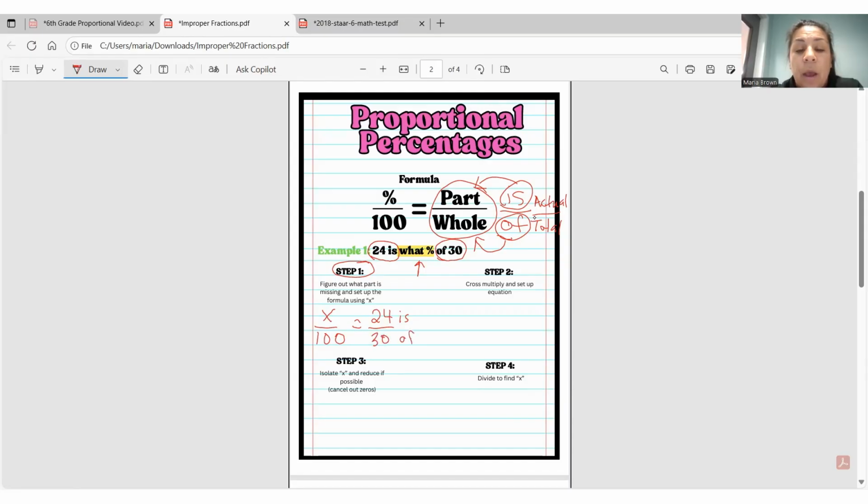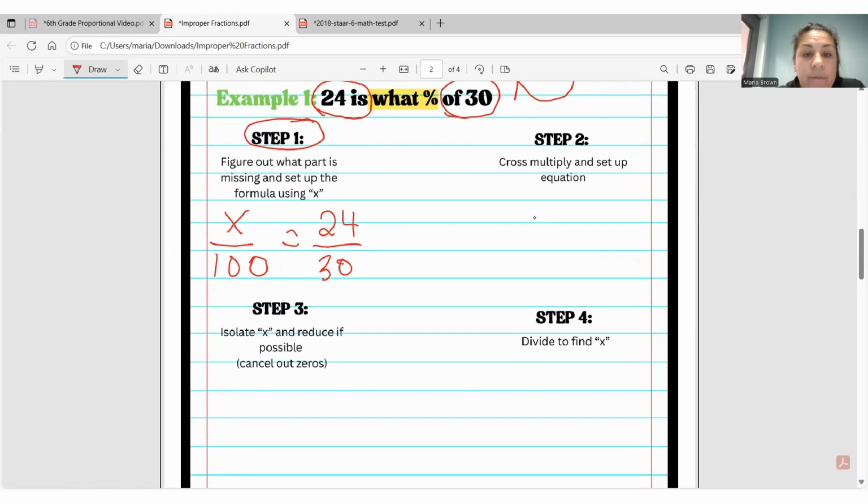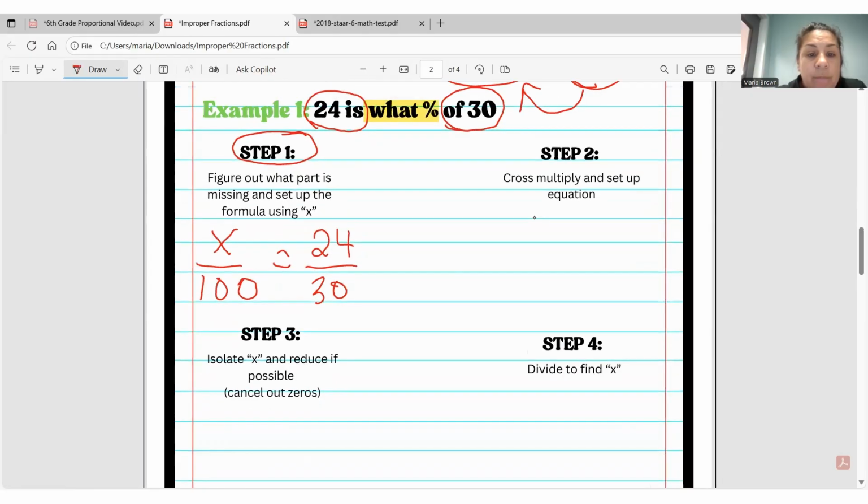I connected the word of to be a part of our whole, and the word is connects our part. So we have 24 out of 30 is how I like to word it. Hopefully that makes sense. Now that I have my formula set up, I have 24 out of 30 and I have x over 100.